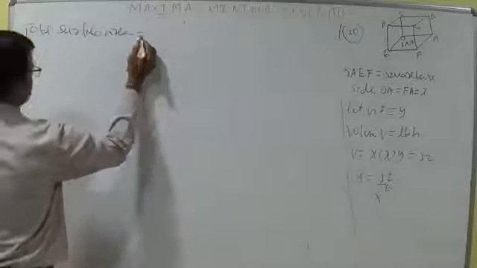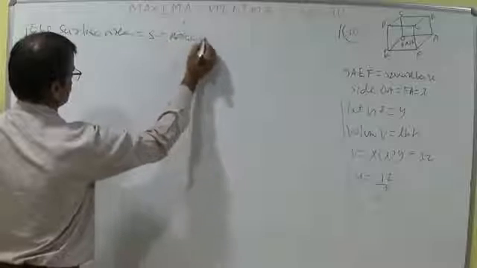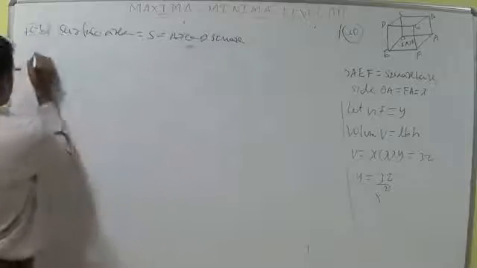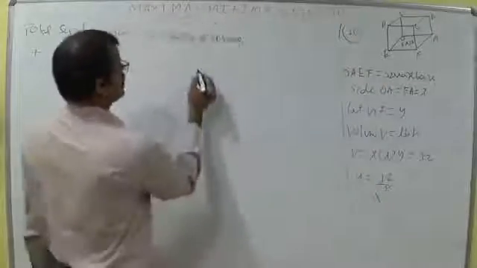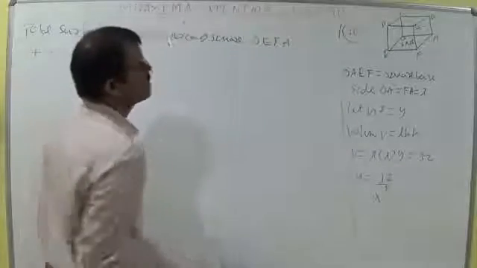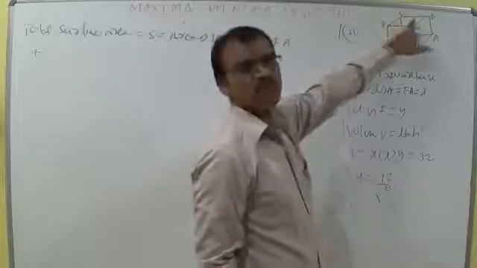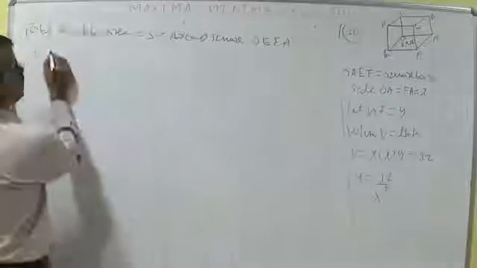Total surface area S is equal to the area of the square base OEFA plus 4 rectangles. Try to understand, this is not a closed rectangle, this is open. So in total 4 rectangles.